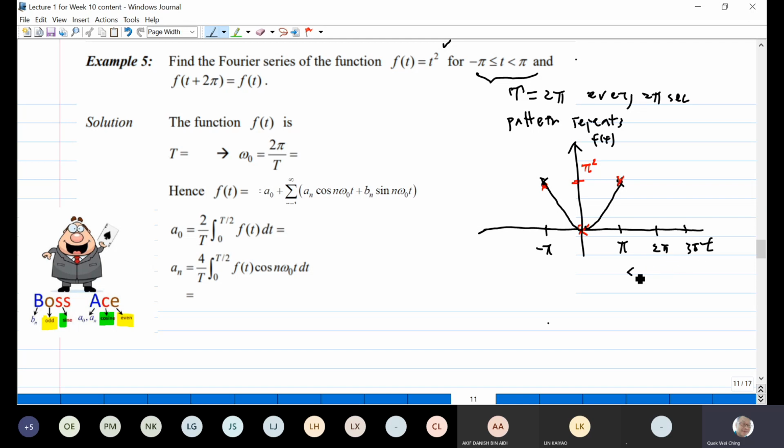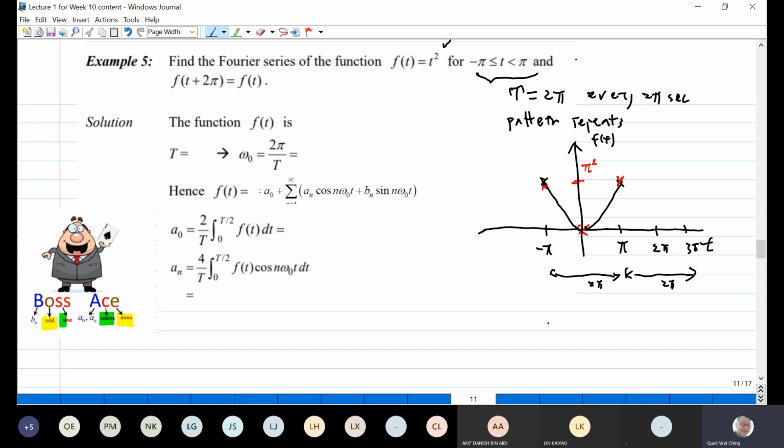This is another 2 pi here. Every 2 pi, the pattern repeats. From here to here is also 2 pi.